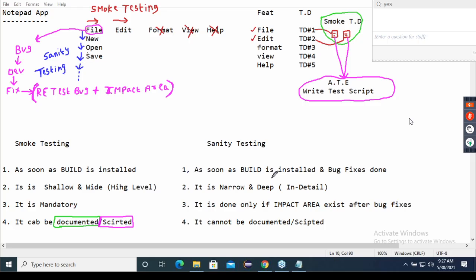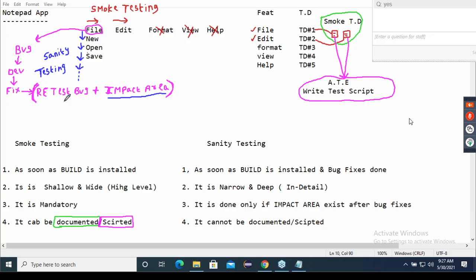Till now, I didn't get the answer. Wrong. Everyone is wrong. Sir, if it is a dependent bug fix, then only sanity is there. Correct, guys. Sanity will come into the picture only if an impact area is there.